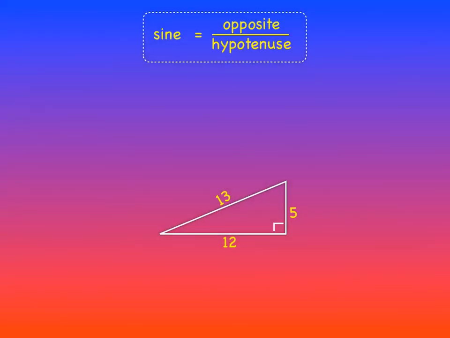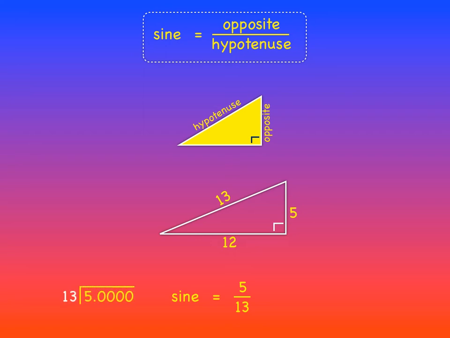Here's another one. Now our sine is going to be 5 compared to 13. 5 over 13, or 5 to 13. When we divide that, we get 0.3846. And actually the numbers continue, but that's rounded to those 4 digits.